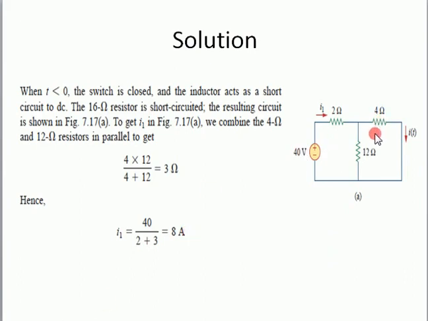So it means we have to apply the current divider rule here. The total current for this parallel circuit is I1, and I1 is equal to 8 ampere. When 8 ampere reaches here, it is divided between two branches, one is the 12 ohm and the other one is the 4 ohm, and we have to find the current passing through this 4 ohm resistor, that is i(t). So what will be the value of i(t)?